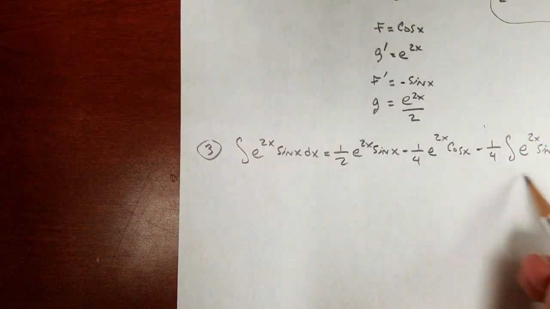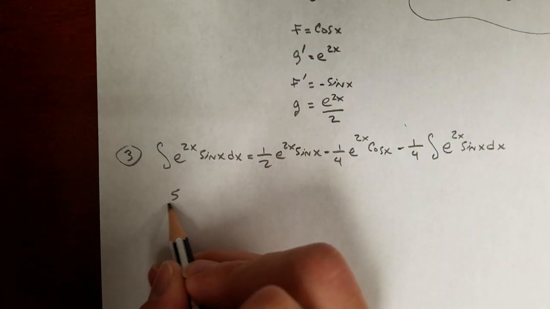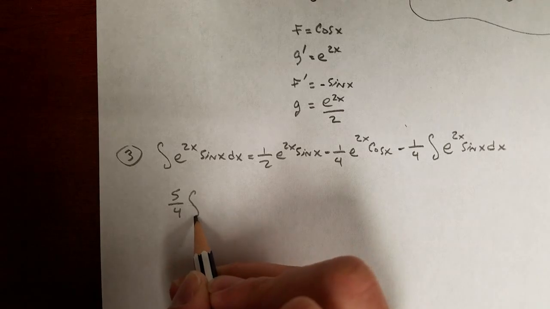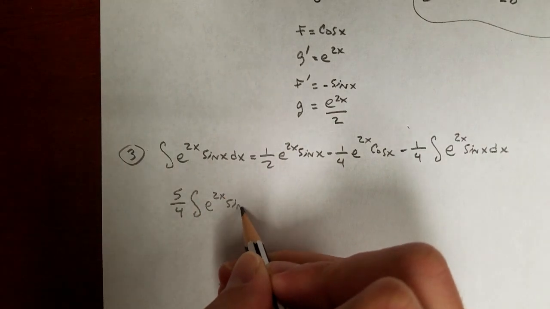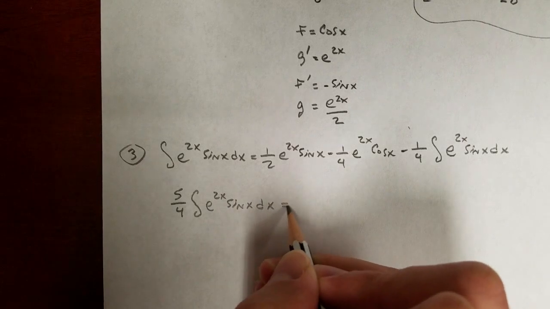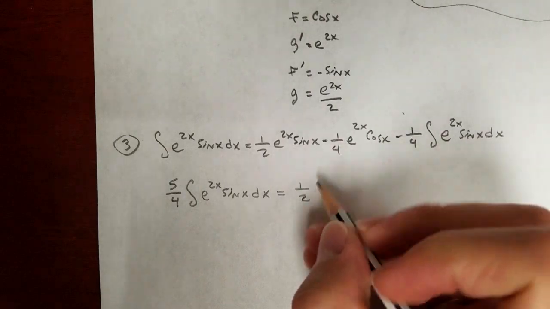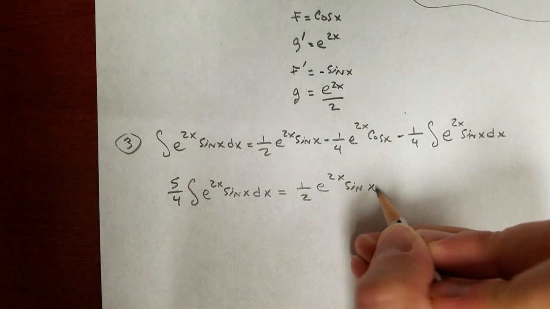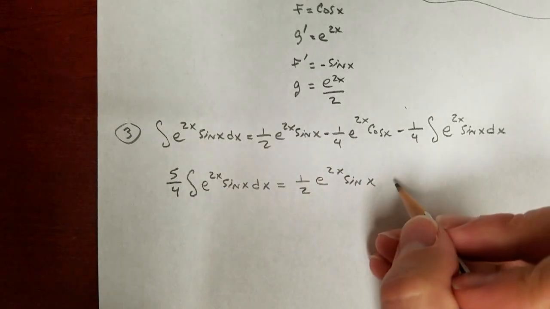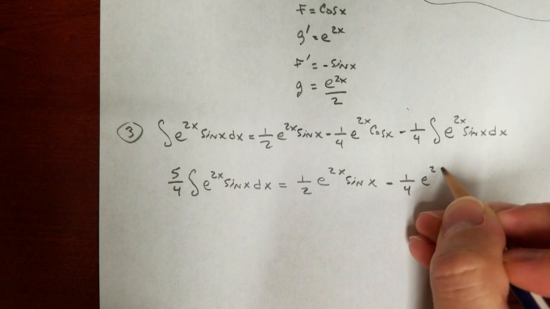So if we take this, move it to the other side, we're going to get 5/4 times the antiderivative of e to the 2x sine x dx. What is that going to leave? It's going to leave all that other stuff over here. It's going to leave this.